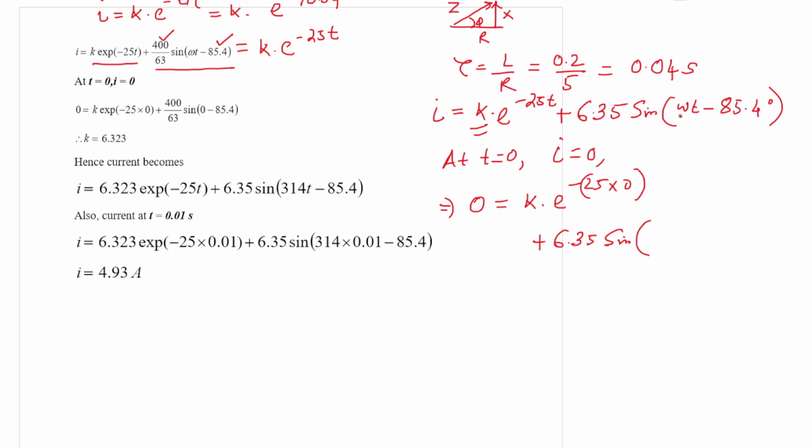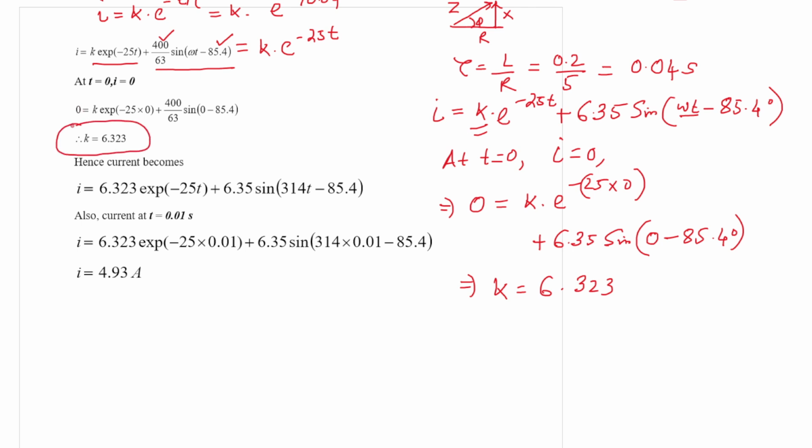Now omega t, t is equal to 0, so it will be 0 minus 85.4. So if you solve this, you will get the k value equal to 6.323.